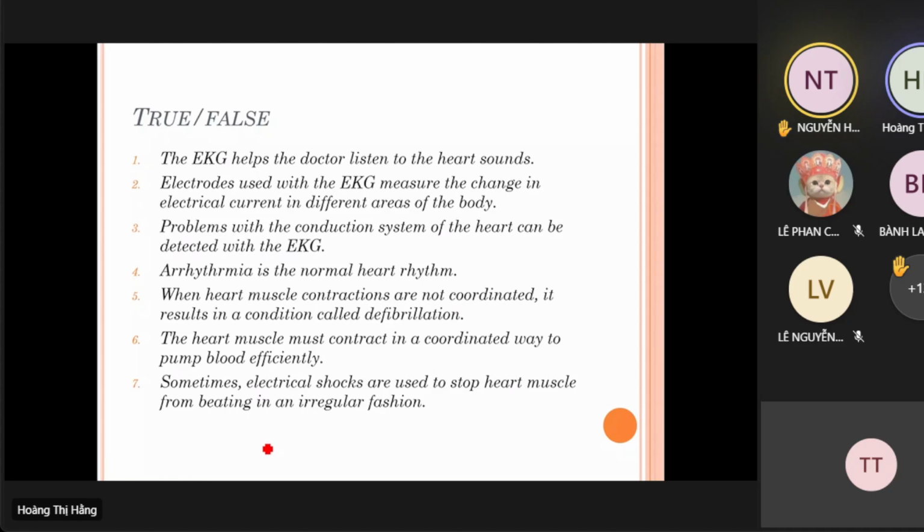Number 1, true or false? One is false. Can you correct it? Yeah. The EKG asks the doctor to learn how to learn about the heart cells.